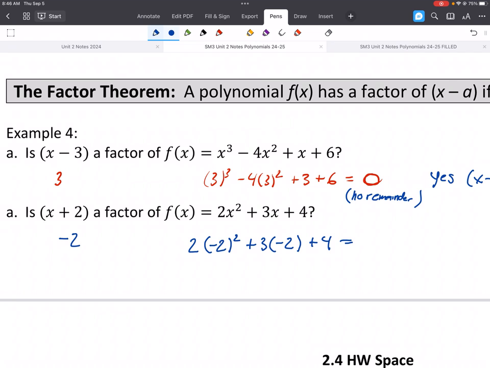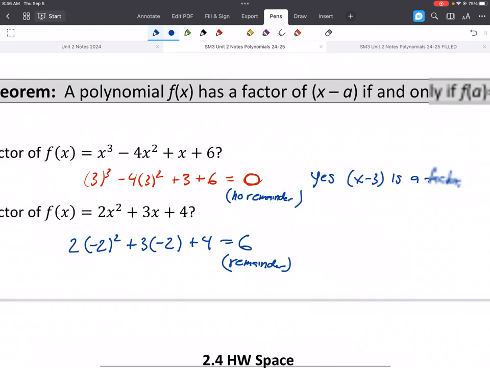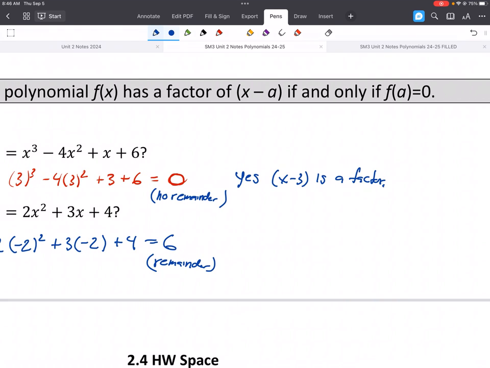We can just use our calculator, and we would end up getting 6. So there is a remainder, and if there's a remainder, then we can say that no, x plus 2 is not a factor.